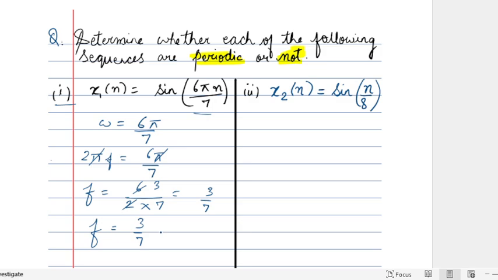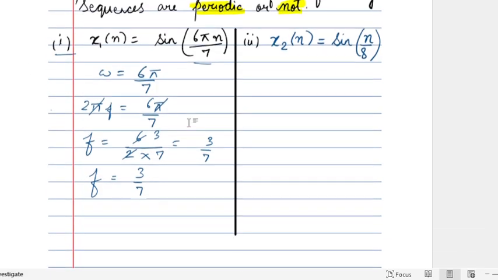If a signal is periodic, then the frequency will be a ratio of two integers. So here we are having a ratio of integers.